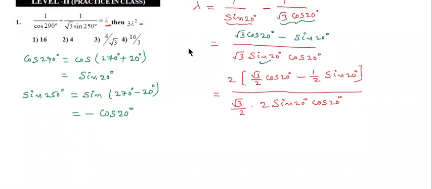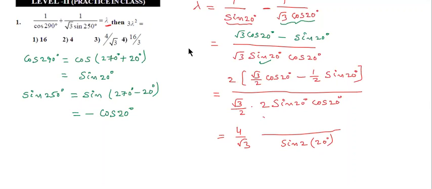Now root 3 by 2 is there in the denominator, sent to numerator, it is overall 4 by root 3, and denominator observe that 2 sine 20 cos 20 is sine 2 into 20. So denominator I have converted in terms of sine, same as in the numerator also convert in terms of sine only.